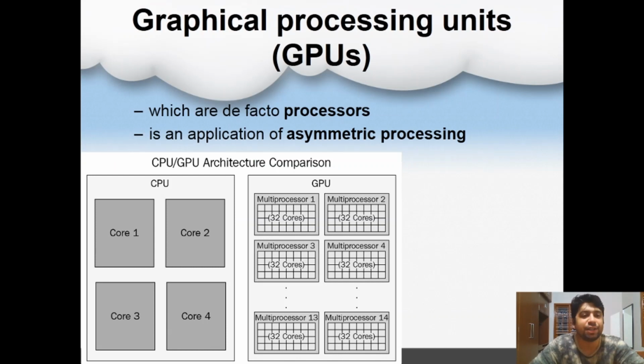You can see the architecture over here. GPUs, which are de facto processors, are an application of asymmetric processing, which you already learned. You can see on the left side the CPU and on the right side the GPU. The CPU is a quad core: core 1, core 2, core 3, core 4. And coming to the GPU, it will have thousands of cores.